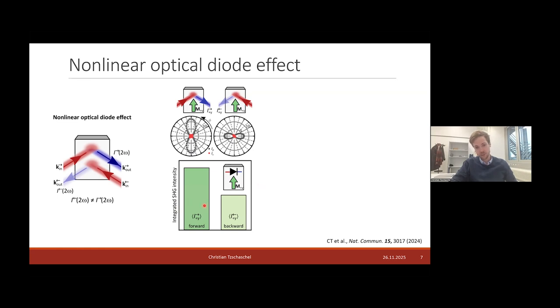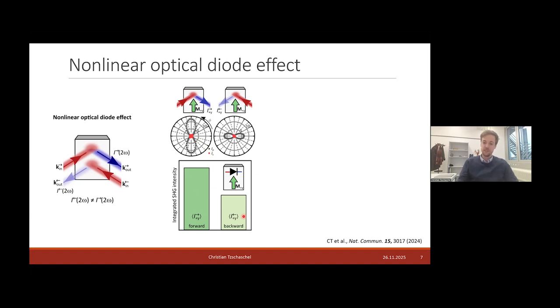What we did there is essentially we removed the polarization analysis for the SHG response, simultaneously detecting S and P polarized SHG light, and we average over all incident polarizations. And then also we find that indeed in forward direction, we just get a higher integrated SHG intensity, and in the reverse direction, we get a lower SHG intensity. So there is clearly a diode effect.